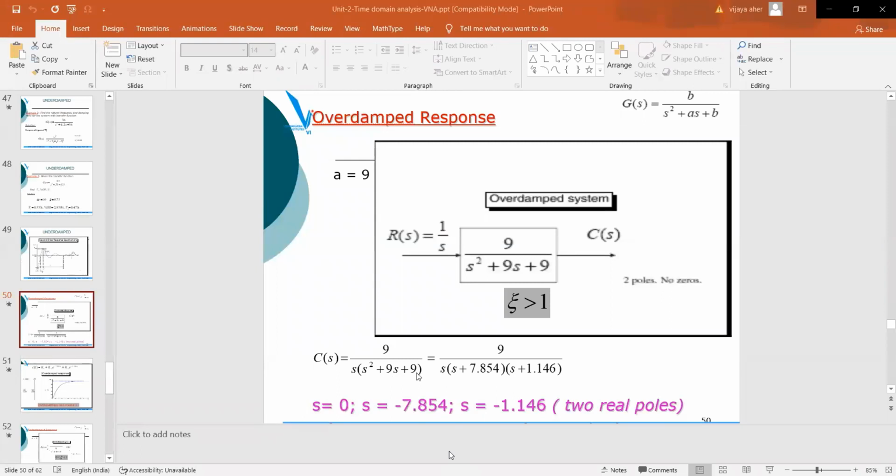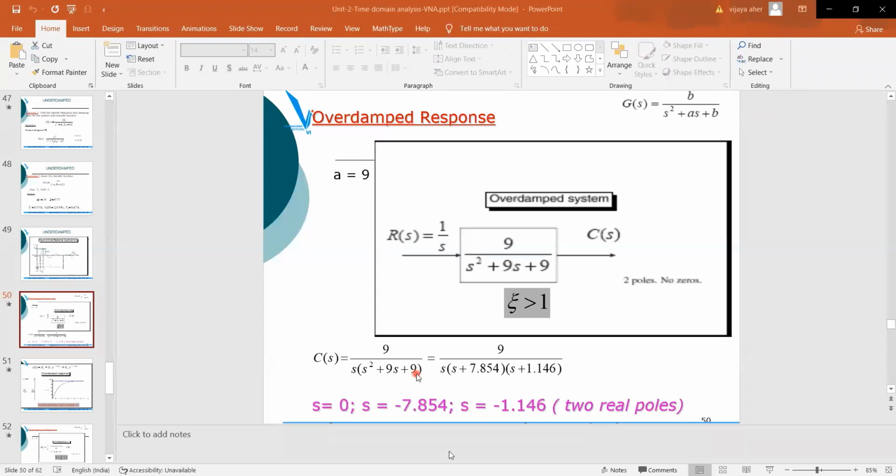You will get two roots: minus 7.8 and minus 1.1. Yes, exactly. These two are the roots of this characteristic equation.